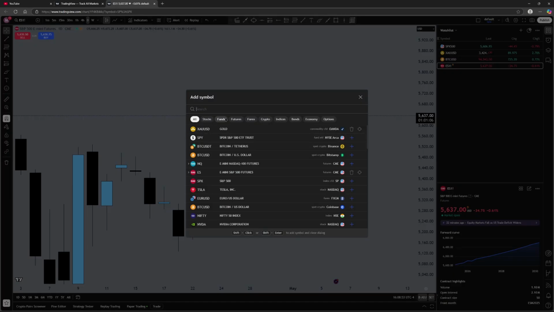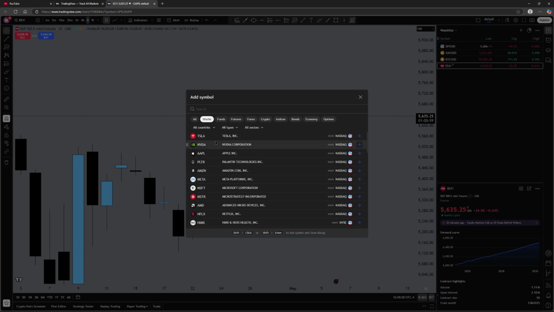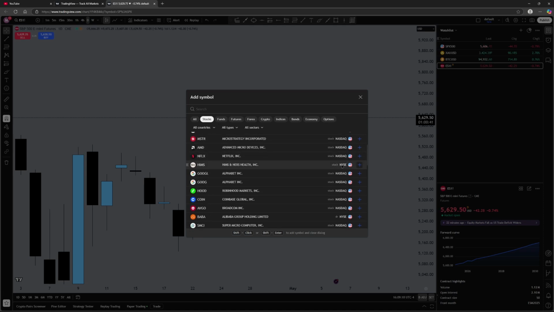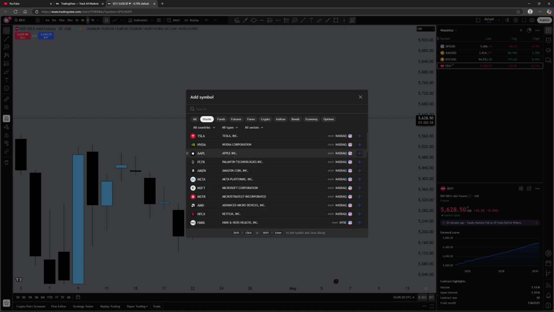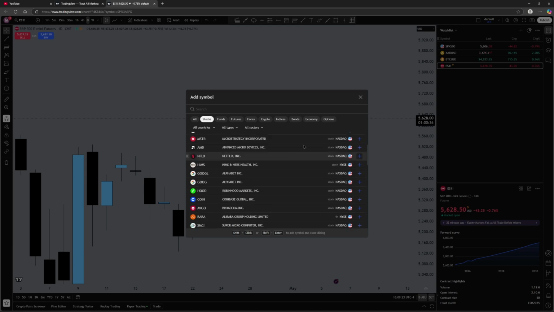Okay. So when you go to watch list there's all types of symbols, right? The types are stocks, which are just your basic ones: Tesla, Nvidia, Apple, Palantir, all these. These are all part of the Nasdaq, okay? They're Nasdaq because they're part of the tech ones.